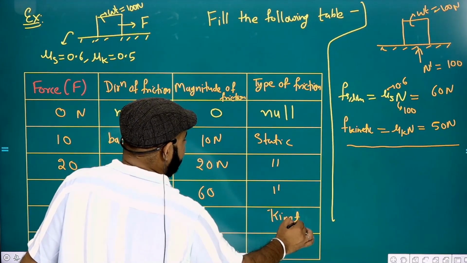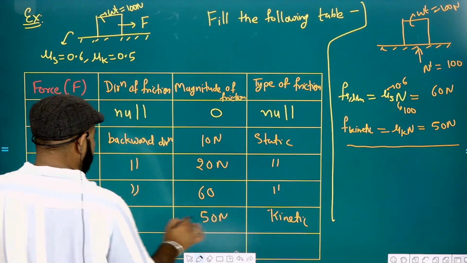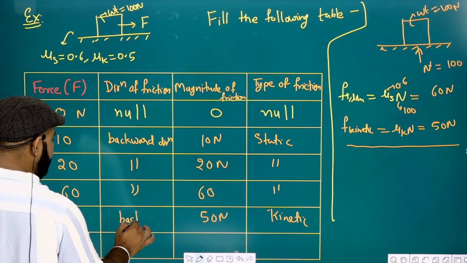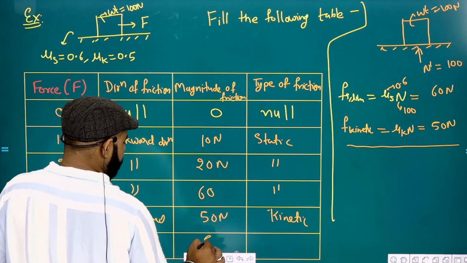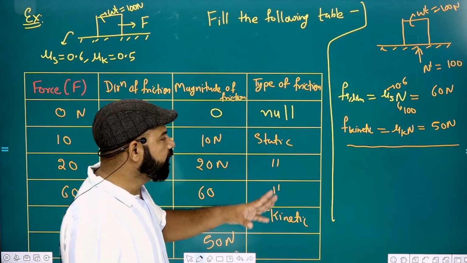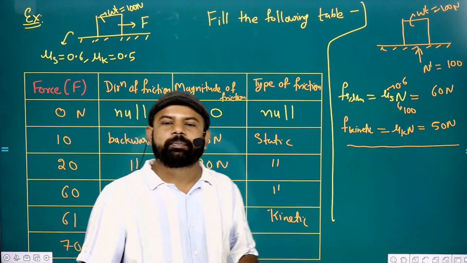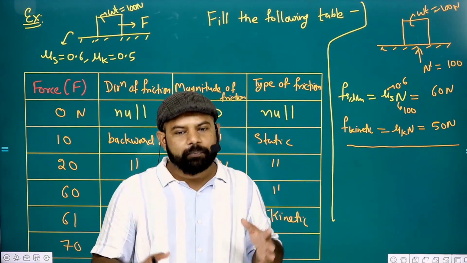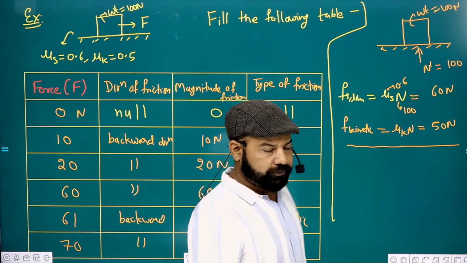Kinetic friction will be equal to mu k into N, in the backward direction. If 70 Newton, same, again 50 Newton. Kinetic friction does not depend on the magnitude of the applied force, it only depends on the relative motion, and it opposes the relative motion, right? It will be kinetic friction.